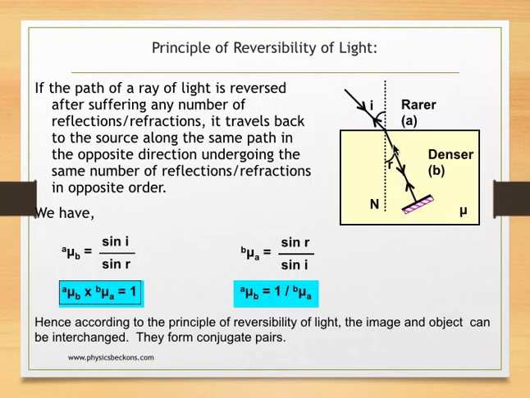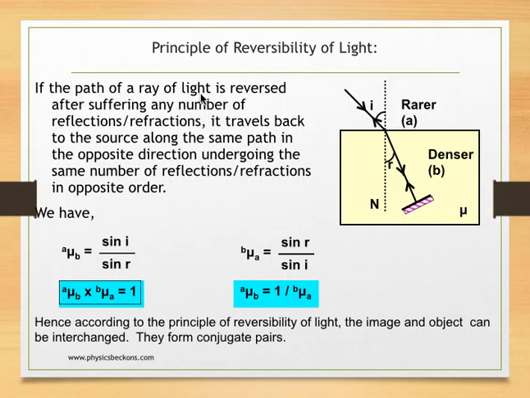After having undergone this refraction, we make use of a plane mirror to reverse the path of light. That is, this light is incident normal to the surface of the mirror. It is observed that the light retraces its path, that is, it goes to the starting point. So this is how we state the principle of reversibility of light.